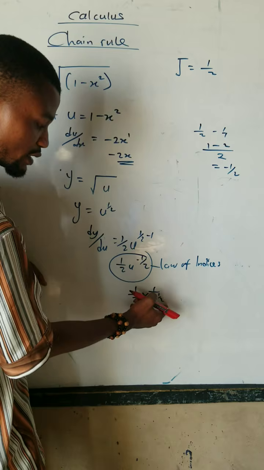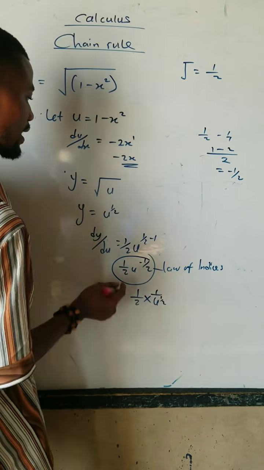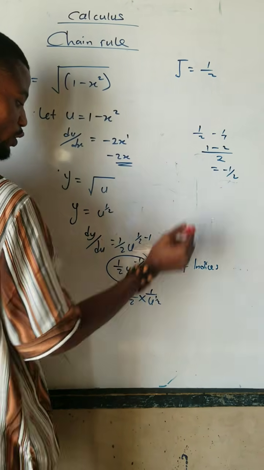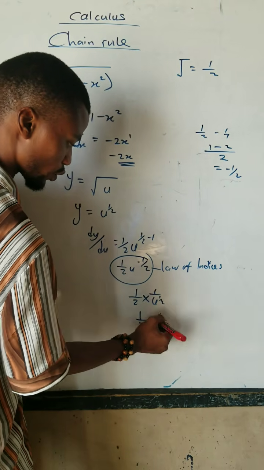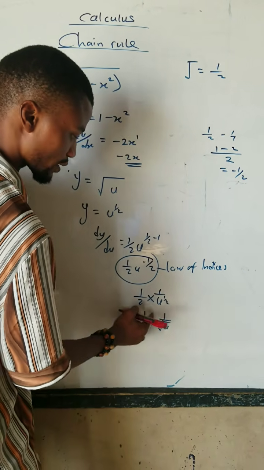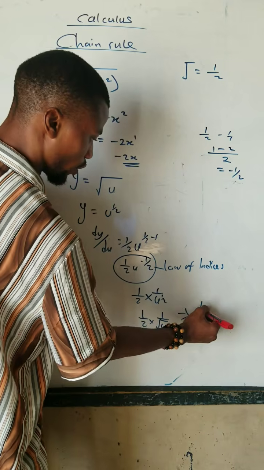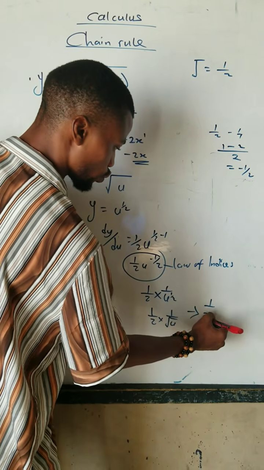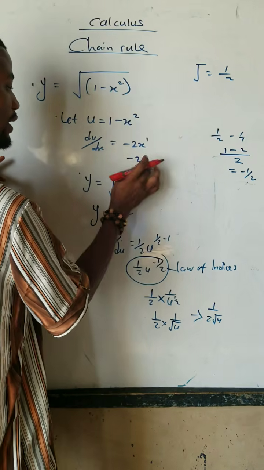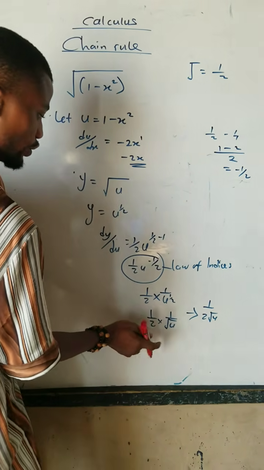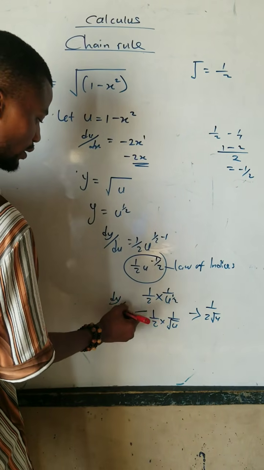So automatically, don't forget, I said square root is what? Half. So coming back, I have 1 over 2 times 1 over square root of u. So this times this is 1, and this times this is 2 root u. So now, I'm having du/dx and dy/du. This is my dy/du.